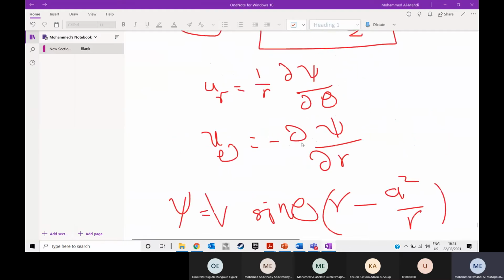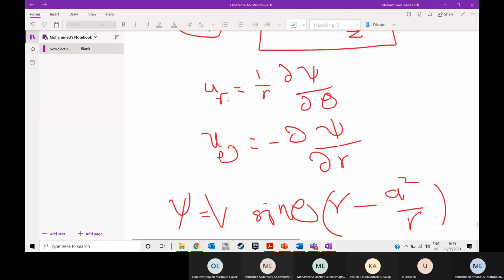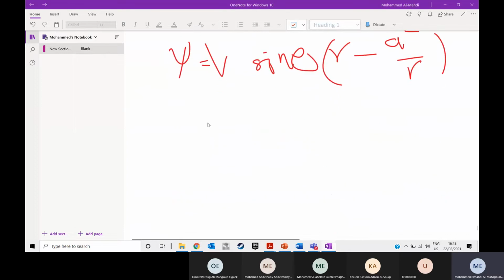Yes. So first, U_r: first derive with respect to theta. Partial psi by partial theta, there's no negative, so derive directly. V, the only theta here is in the sine. What's the derivative of sine theta? Cosine theta.